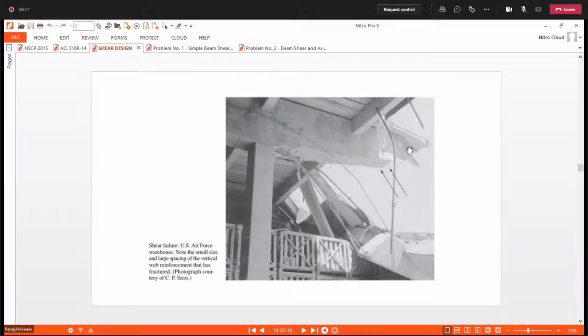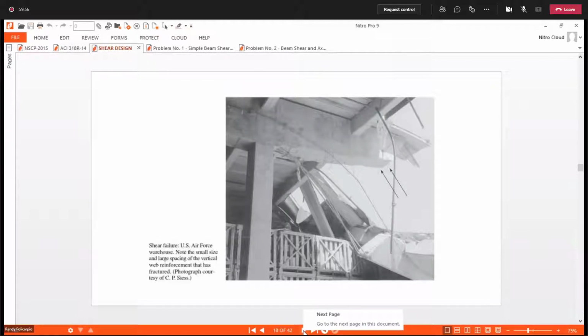Mapapansin natin yung beam natin, ang crack niya diagonal. So yung failure niya is more on the shear rather than flexure. Kasi yung bakal mo dito sa bottom hindi naputol. Ang nangyari, nag-crack yung concrete mo at ang direction niya diagonal. So meaning, kulang ng shear reinforcement yung ating beam.